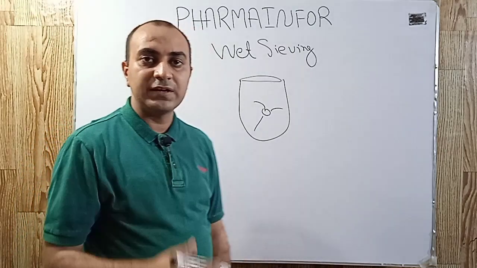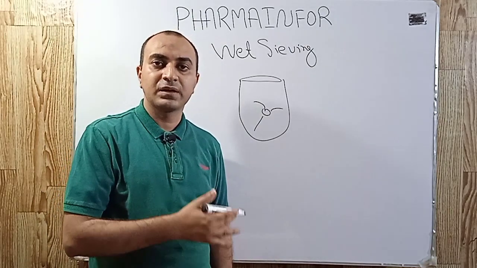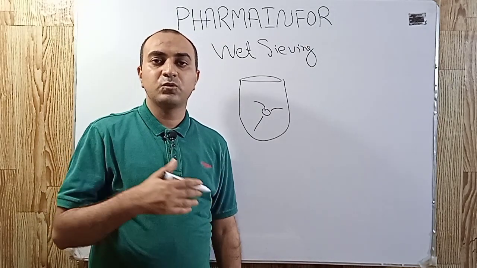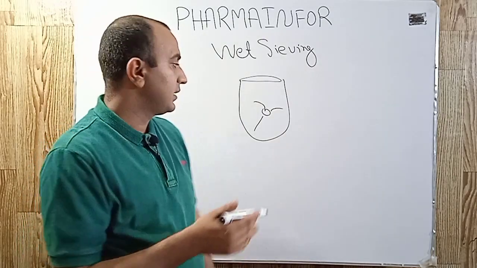So we use a wet mill to reduce the size of our large lumps to get uniform size wet granules.